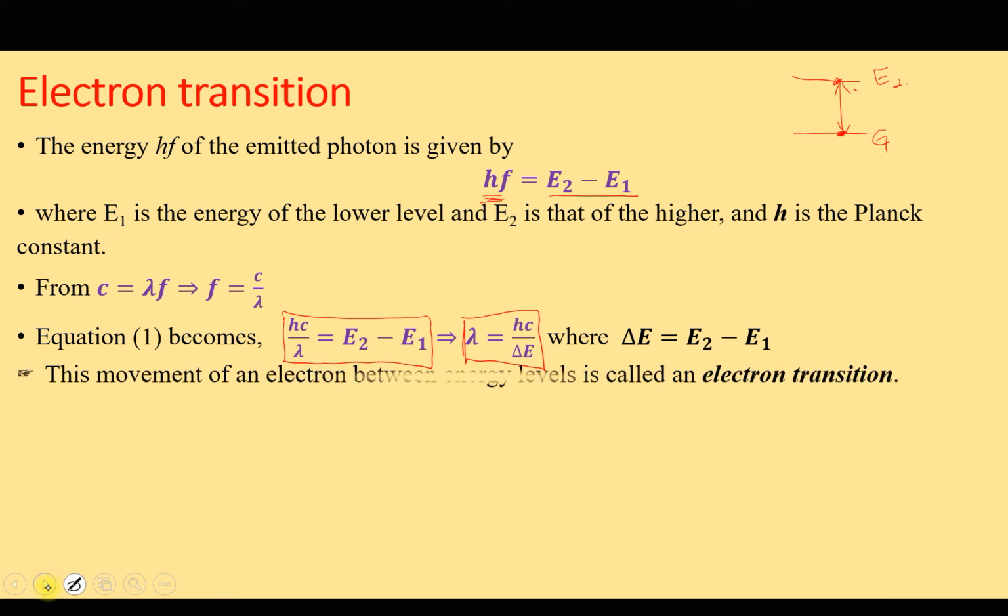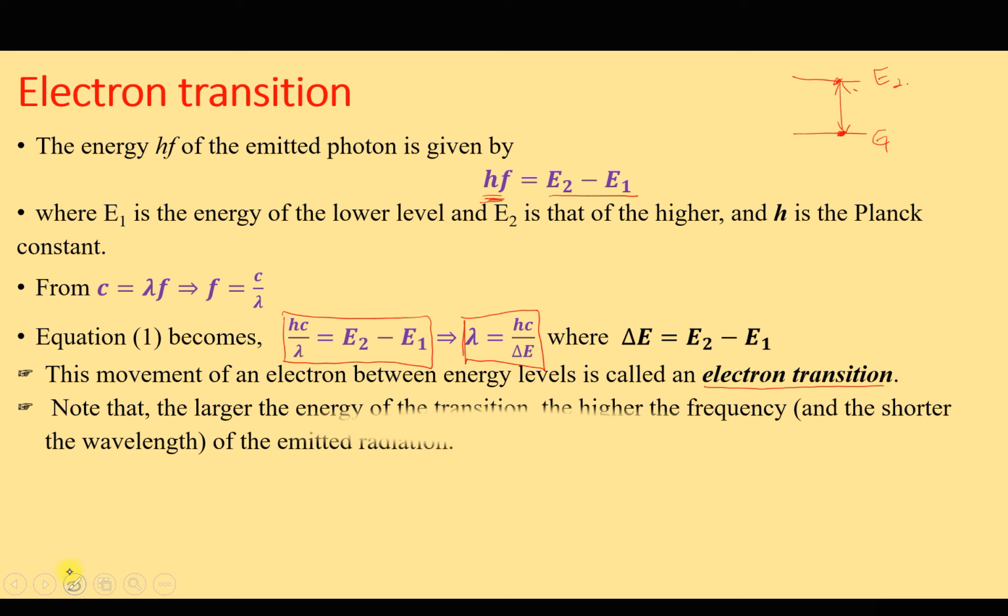So this movement of an electron between energy levels is called electron transition. You will notice that the larger the energy of the transition, the higher the frequency, because from this expression, hf is equal to the difference in energy.